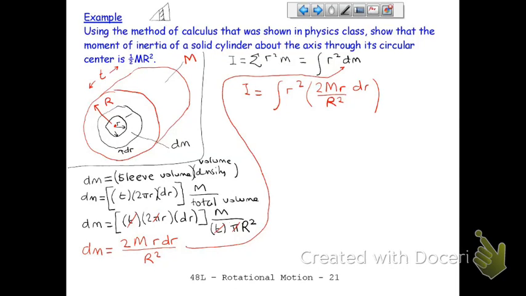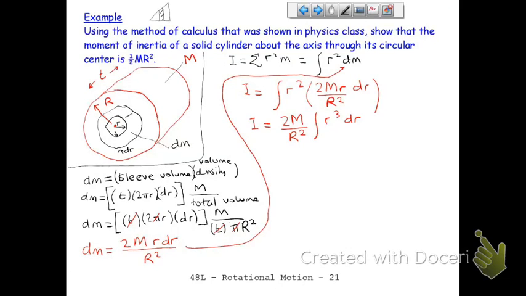And then we take out everything that's constant, so I is equal to, well, 2's a constant, and big M's a constant, and big R squared is a constant, times the integral. Well, r squared times little r is r cubed dr. And at this point I stop and I just make sure that I've got everything accounted for.